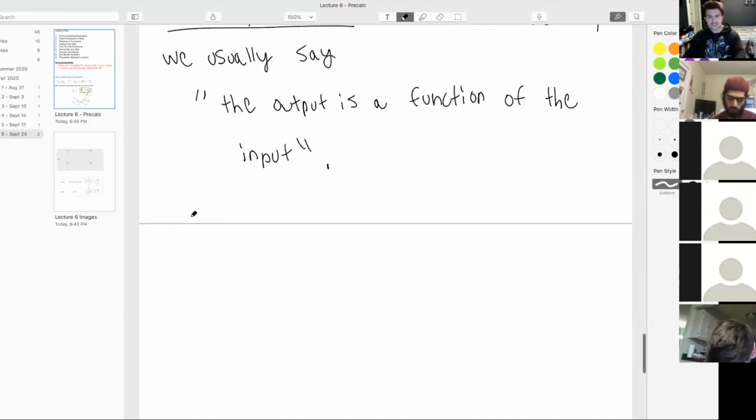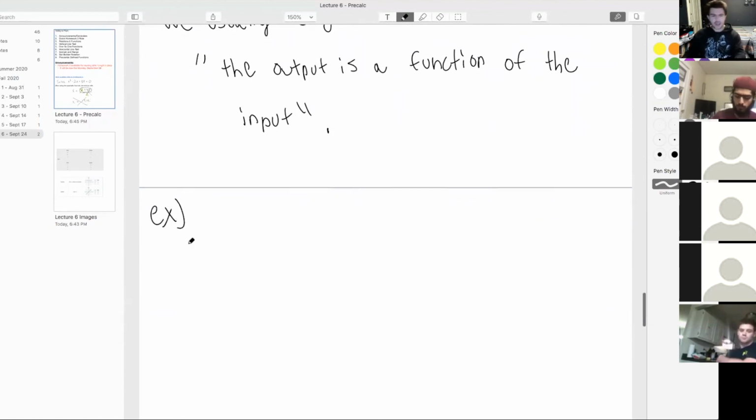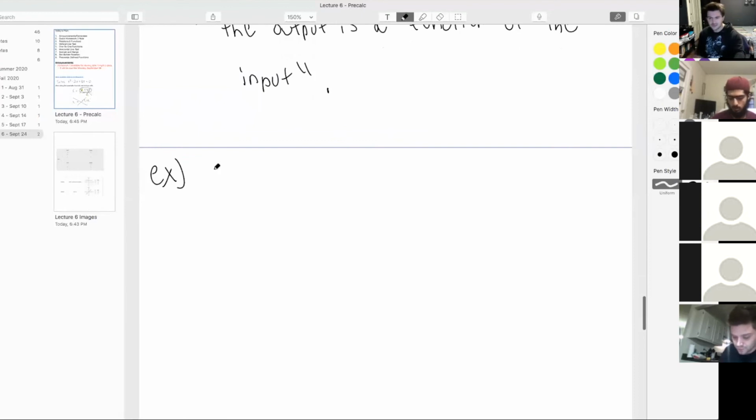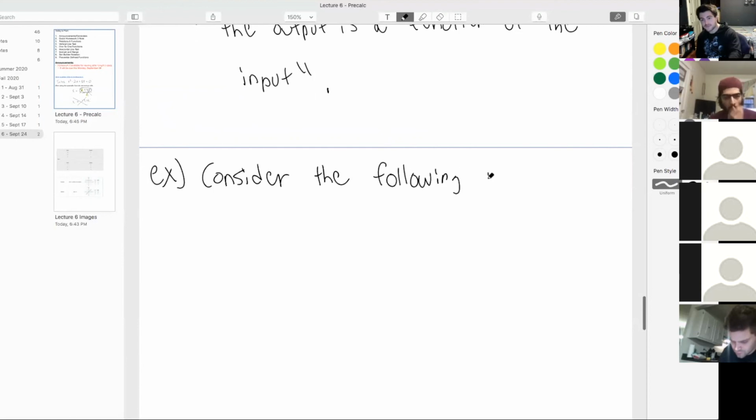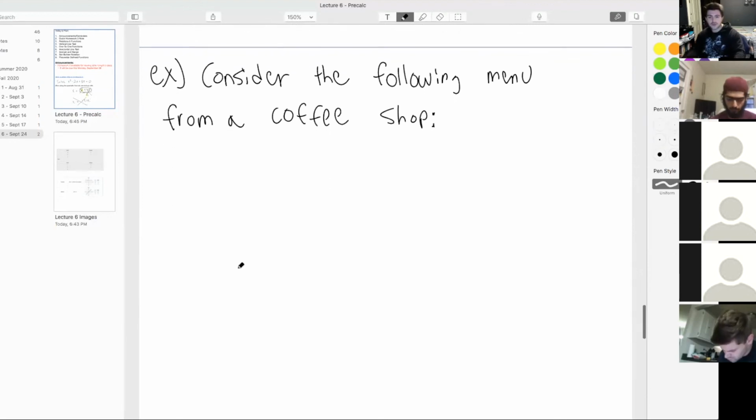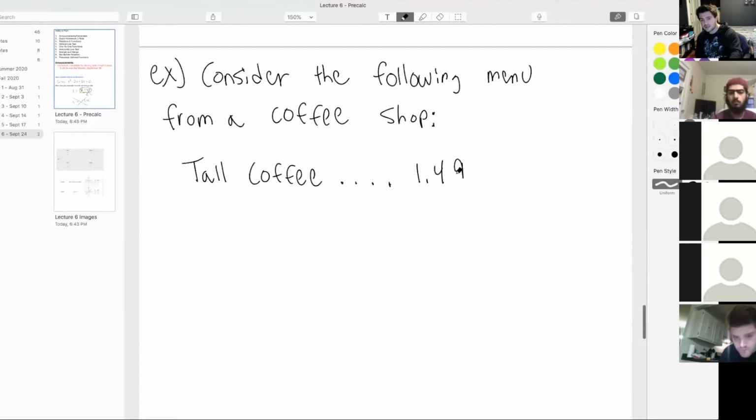All right, so let's actually see this in practice. Here's a kind of cool example. Let's consider the following menu from a coffee shop. Let me write this out very quickly. I'm going to write a menu with food items and their corresponding prices. We'll say that a tall coffee has a price of $1.49.